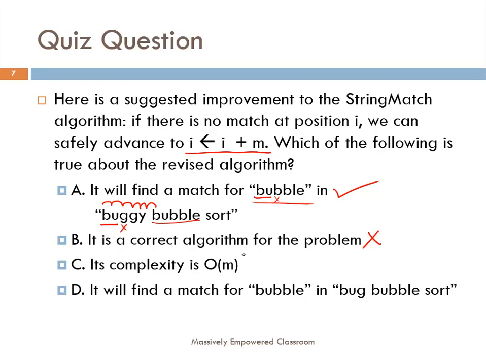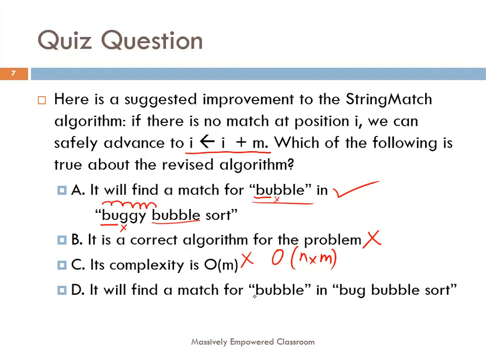Its complexity is by no means order m. If m is much smaller than n, it will still be order n into m, or order n itself. So in the worst case, its complexity is not going to be order m.